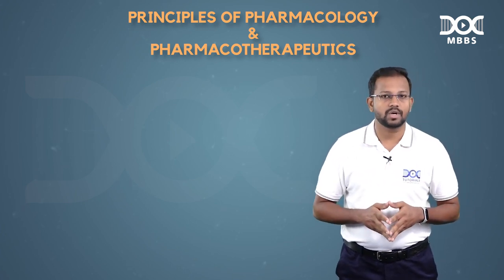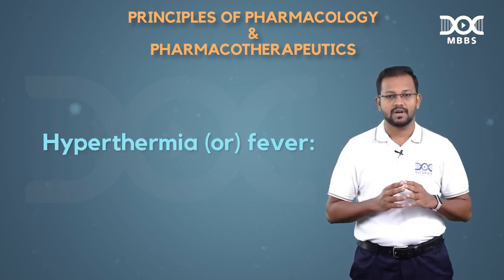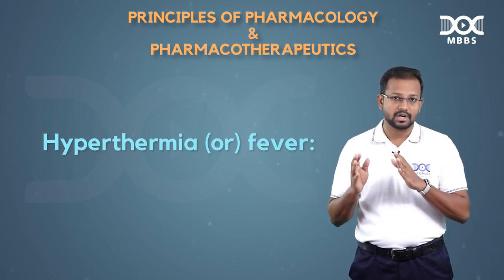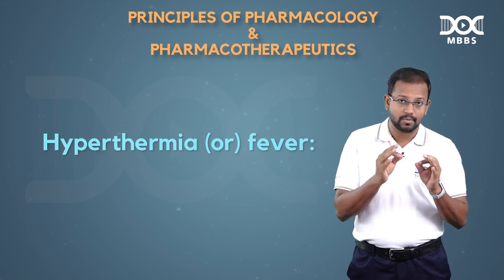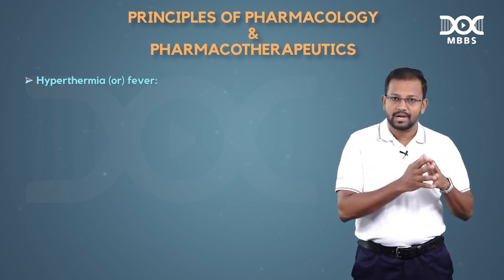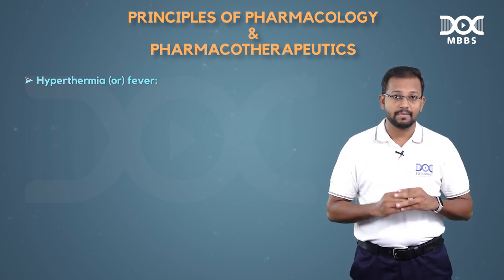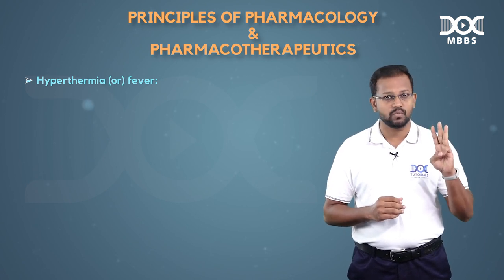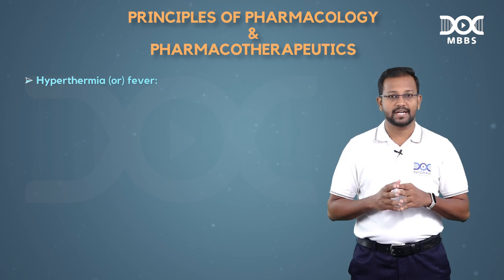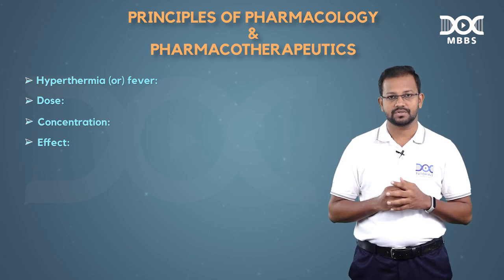For example, if a patient has hyperthermia, or fever, and he wants to decrease the temperature of the body, he has to administer an appropriate dose which will decrease the temperature, right? But how do we administer that? For that, the clinician must have a basic knowledge of three major words which we are going to talk about a lot in pharmacology. And that is dose, concentration and effect which is produced.